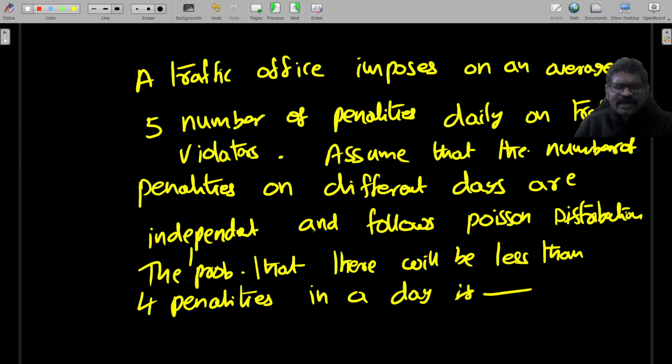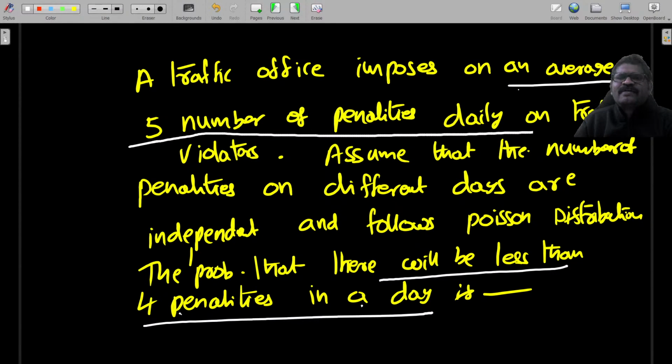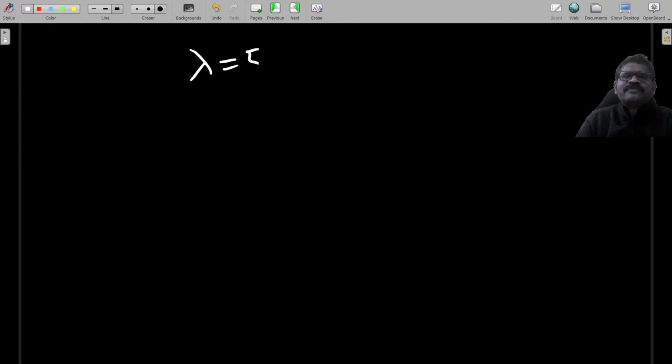Now here, on an average the traffic office imposes 5 number of penalties daily. That's why we have to find the probability that there will be less than 4 penalties in a day, given that on an average the traffic office imposes 5 penalties daily on traffic violators. That's why lambda value is 5. Lambda is equal to 5.